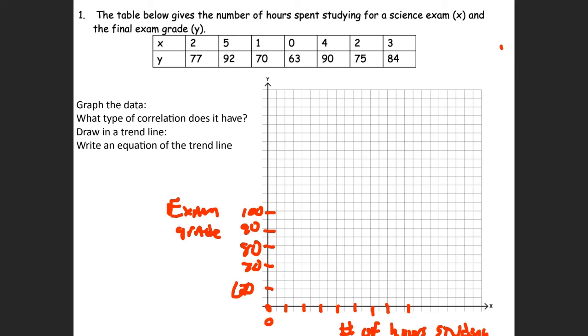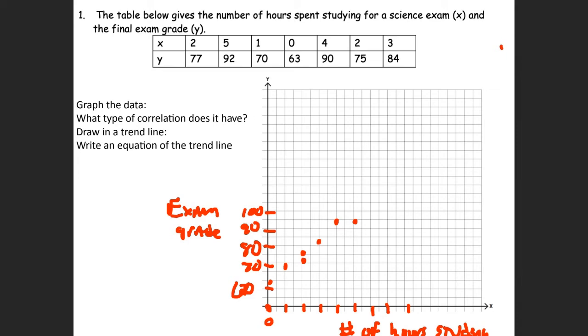So this is 2, 77. 5, 92 would be way up here. 1, 70 is right about here. 0, 63. So that would be about here. 4, 90 would be about there. 2, 75. Okay, and then 3, 84, something in here someplace.